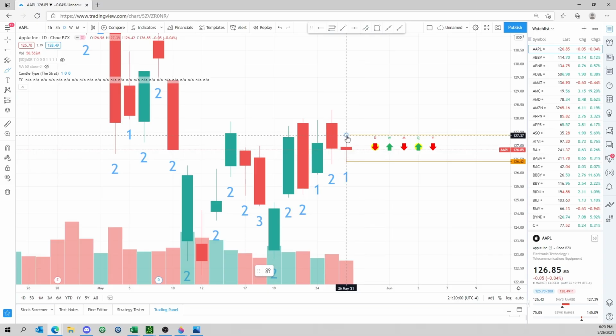We assume that the continuation is going to continue and the price is going to push past this level. Same for the reverse. If it was a candle formed in here and it broke the top of 127.39, we know buyers are in control at that moment. Buyers are pushing the price up. There's no other way the price goes up unless buyers are in control. There's no other way the price goes down unless sellers are in control.